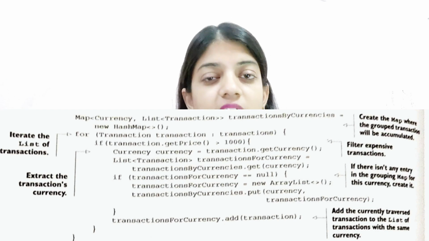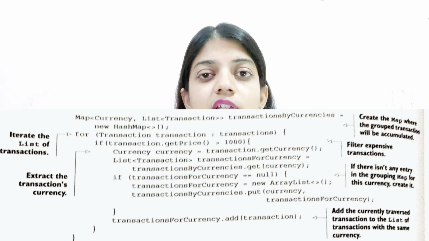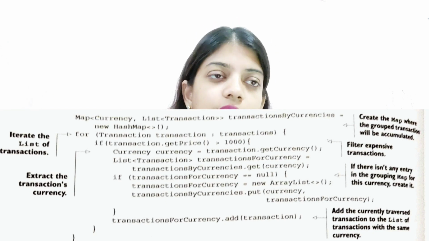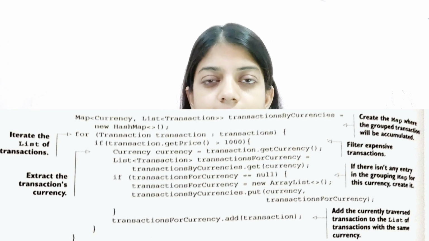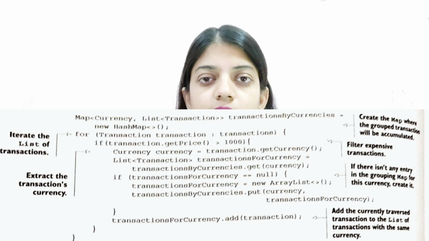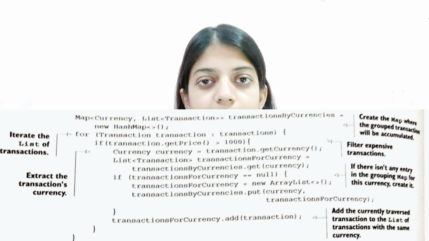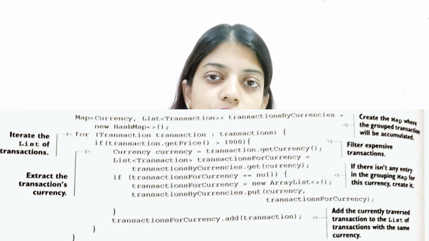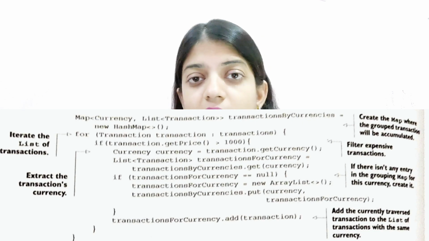If it is, we will get the currency of it, and then check in the grouped map which we have defined whether this currency already exists. If it is there we will get it and add this new transaction there, or else we have to create it. So this is very lengthy, right?